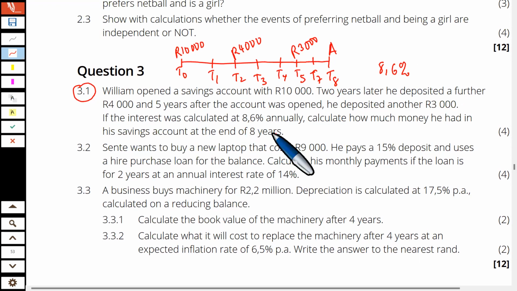If the interest rate was calculated at 8.6% annually, in other words, per annum, calculate how much money he had in his savings account at the end of 8 years. Let's look at these together and try to make sense of this situation.